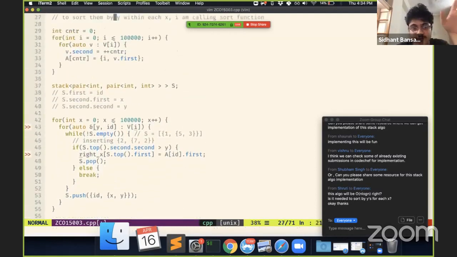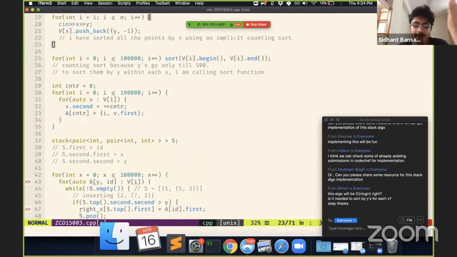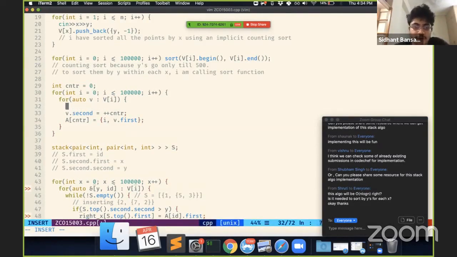And the syntactical sugar that I'm using is mainly range based loops. So this is a range based loop. If you want to iterate over a vector vi, then you can use this kind of syntax, auto v colon vi. So here v will actually get all the values of vi. In the first iteration v will be vi0.